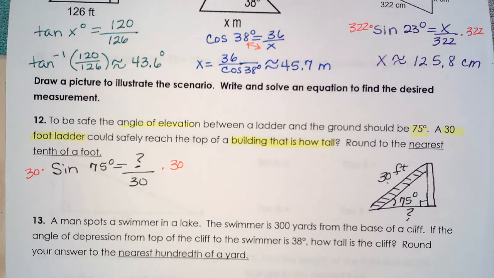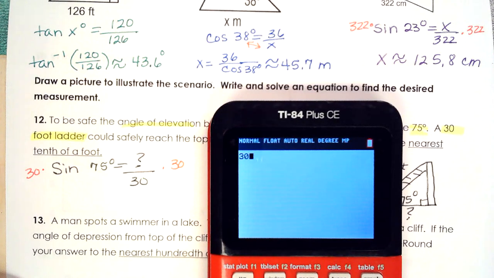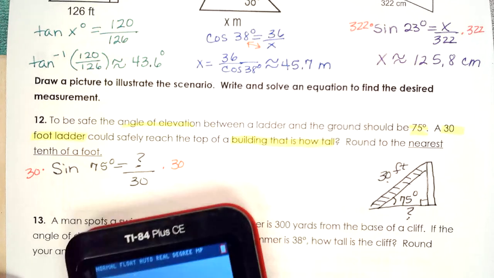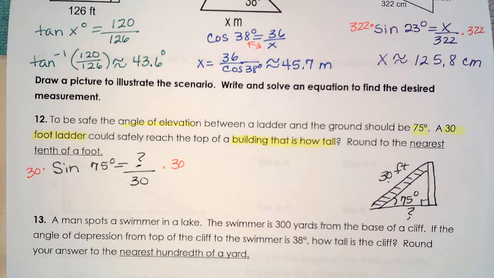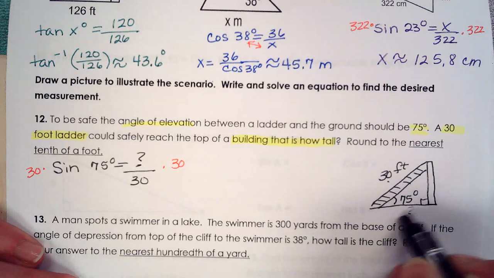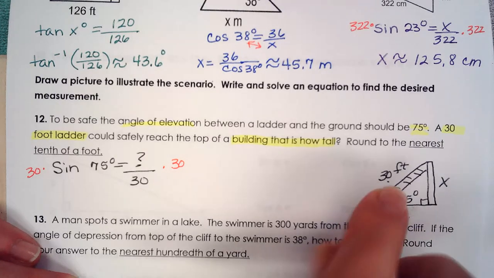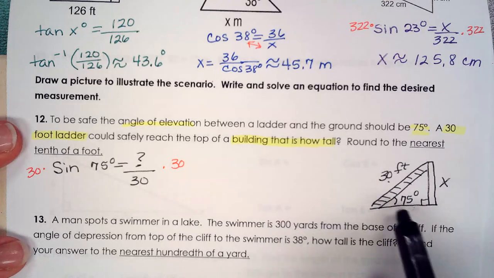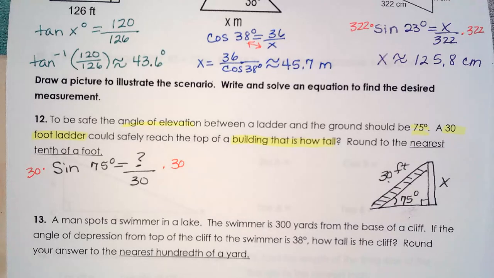So in my calculator, 30 times the, oh, is that what we're looking for? We're not looking for the distance away. We are looking for the height of the building. This becomes the opposite over the hypotenuse, which is a sine, but I just had the x in the wrong spot.